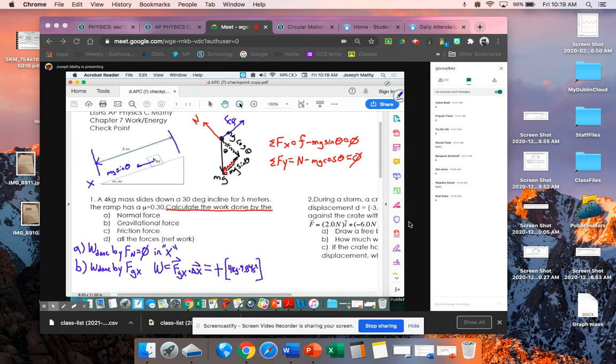Sine of 30 degrees is, this is in radians, so that's not good. Hang on a second. Sorry, my daughter was clocking out some radians on here apparently. 0.5. There. And then we'll multiply that by our 5 meters.